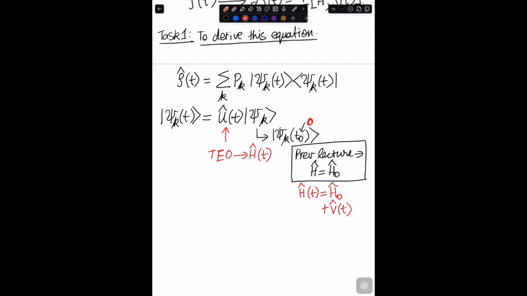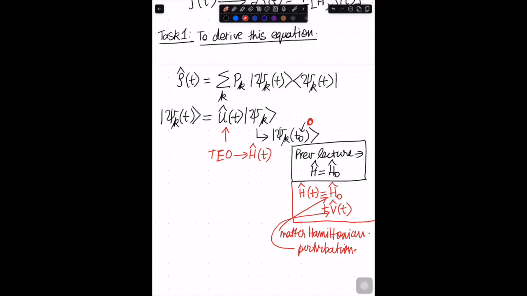The zeroth order part is in general known as your matter Hamiltonian, and it describes the energies of your matter system. And then this is your perturbation, which will be the light matter interaction, and we will put in the form of the perturbation after we work out the maths.